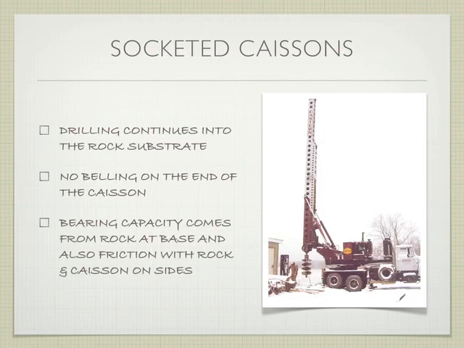Not only are you bearing on the end, but you also have the bond between the concrete and the friction on the sides of the material, say, the rock if you're drilling into bedrock. That friction is holding it as well, so not only is it end-bearing, but it's friction as well. So this can bear more weight than a regular caisson. Does that make sense?